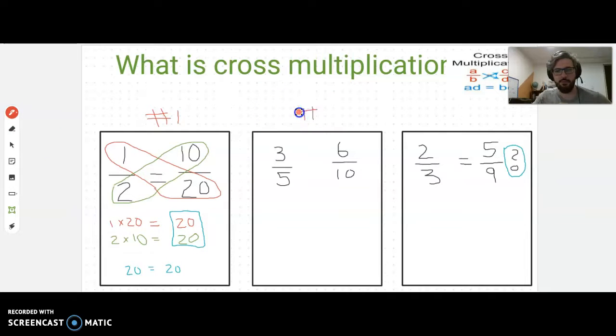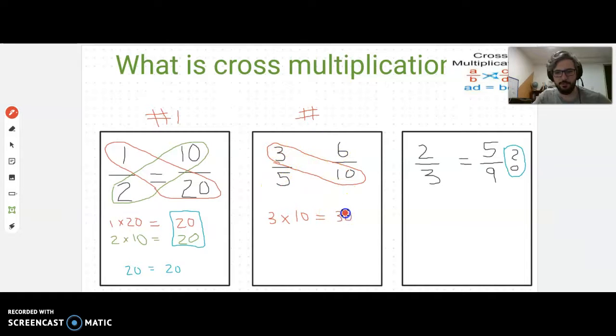3 fifths and 6 over 10. Are they equal? Let's find out. As I draw my bubbles, you can do some mental math and see that, yes, of course, that's equal, because it's just double. 3 doubles to 6, 5 doubles to get 10.